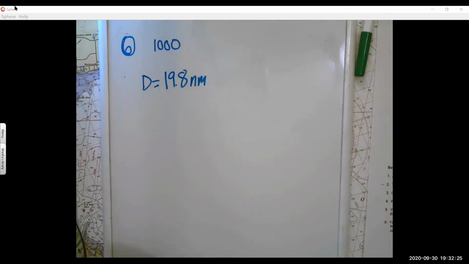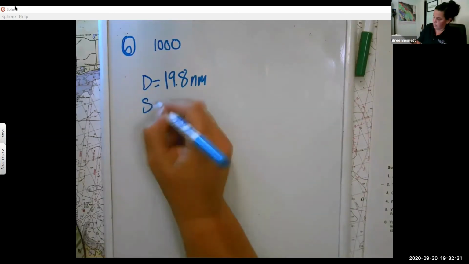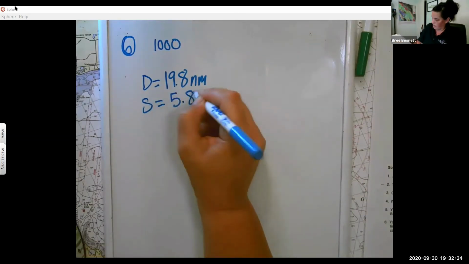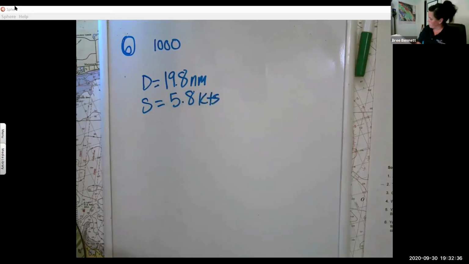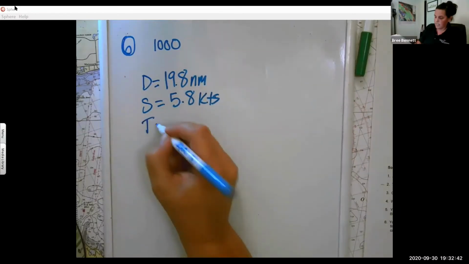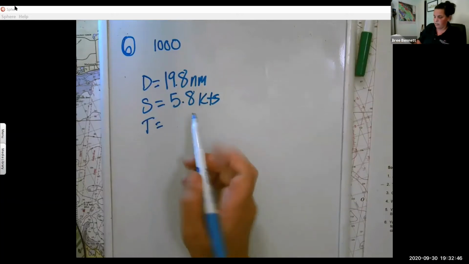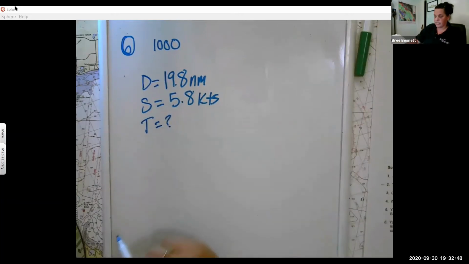Your boat just came from the shipyard and 5.8 knots is no problem. So you have a speed of 5.8 knots. Will you make it to lunch on time if you depart at 10? So what is our time if we need to travel this distance at this speed? And then we can see if we'll make it on time.